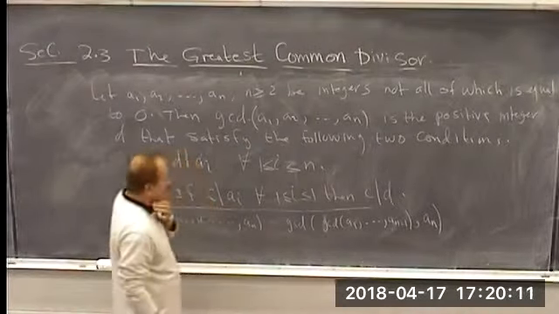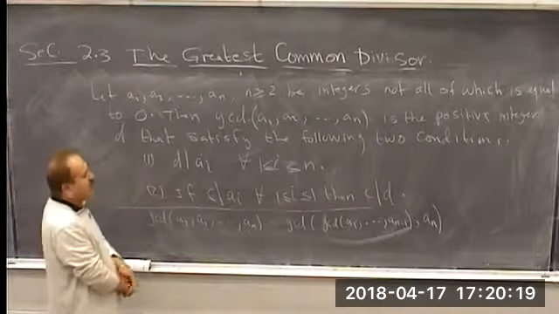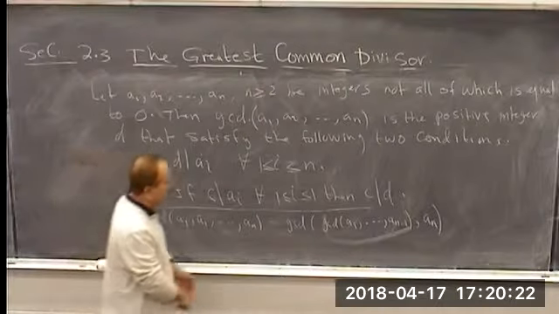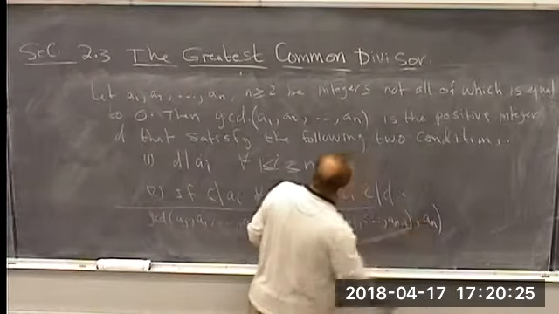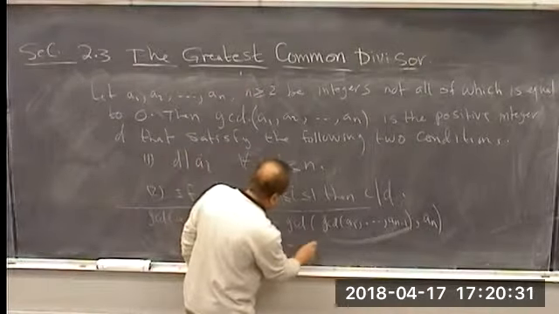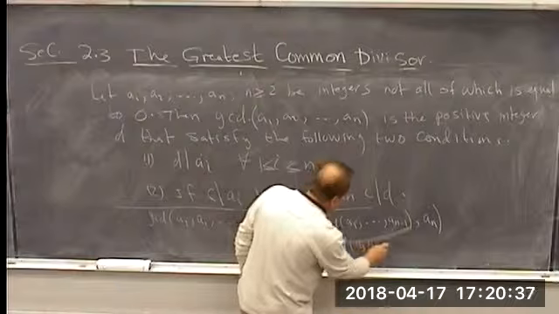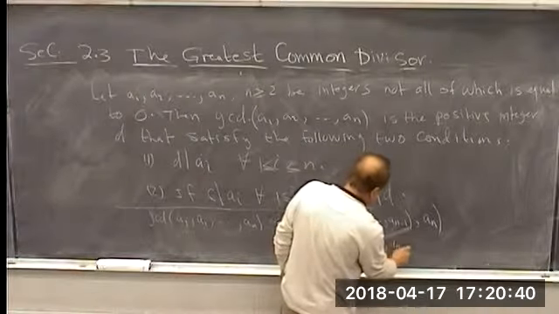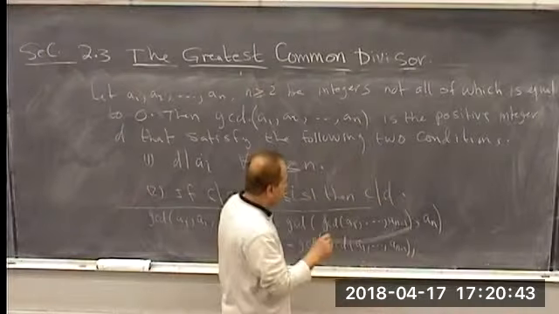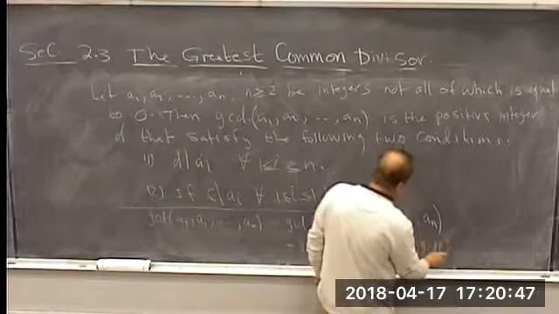So the greatest common divisor from A1 to AN minus 1 is going to be a positive integer, and then you take the greatest common divisor of that with AN. And then you can actually go and do more of these: the greatest common divisor of A1 up to AN minus 2, and then take the greatest common divisor of AN minus 1 and AN. All kinds of combinations actually work there.